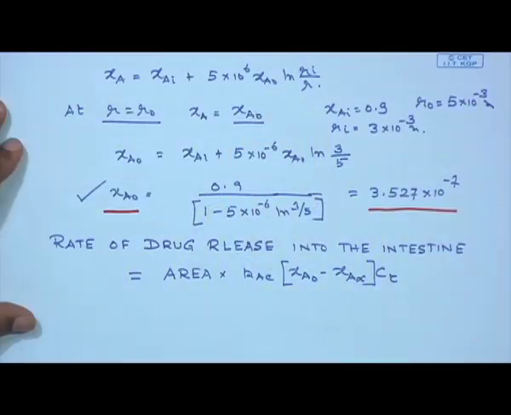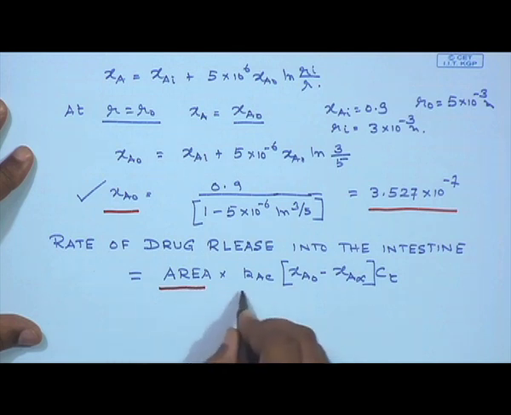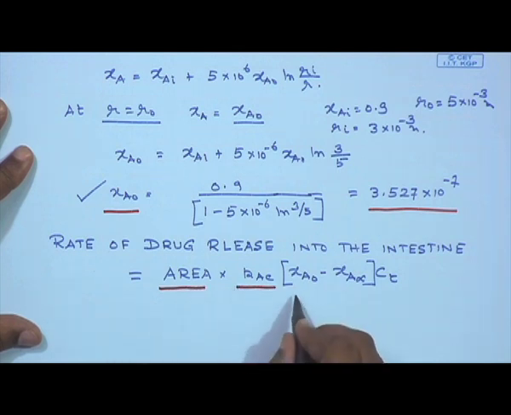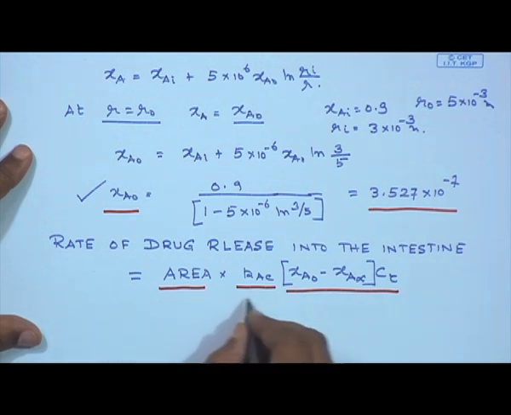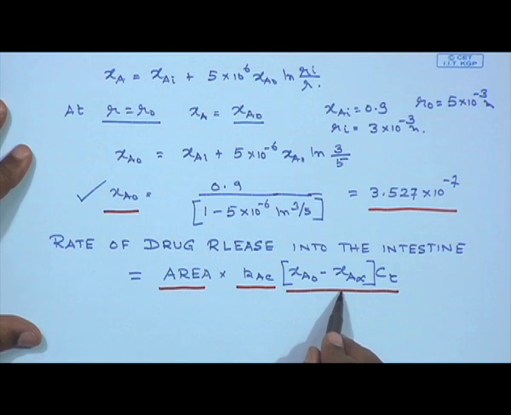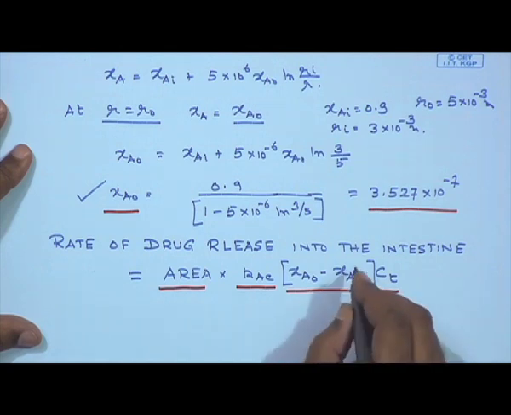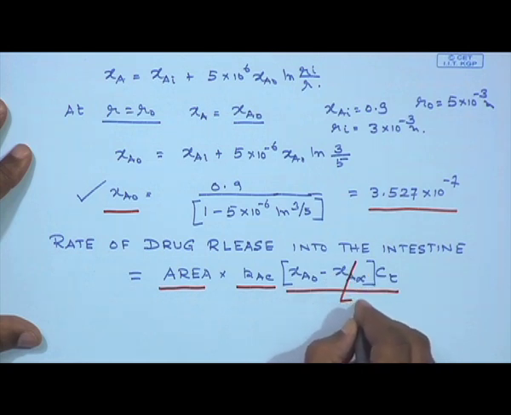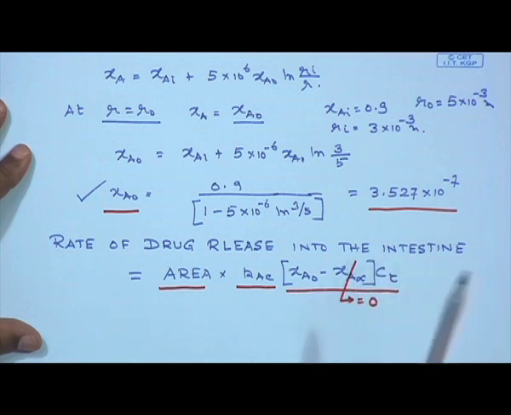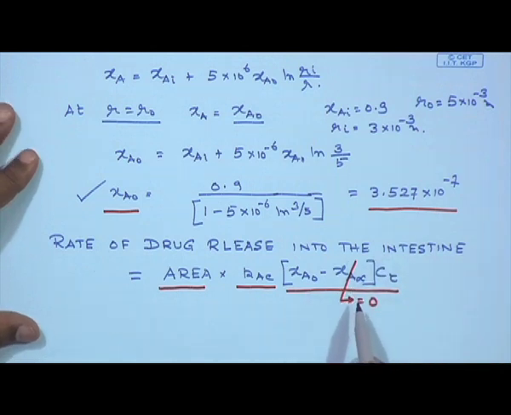So, this is the area, this is the convective mass transfer coefficient, and this is nothing but the concentration difference in here. We understand that this x_A infinity is assumed to be 0, that means no drug exists in the intestinal juices.